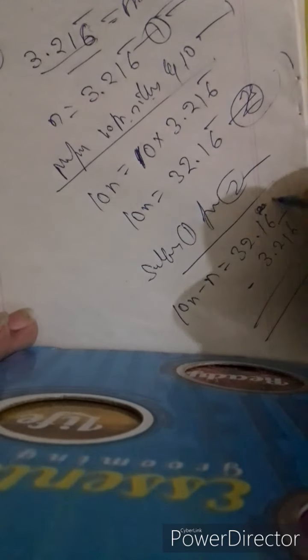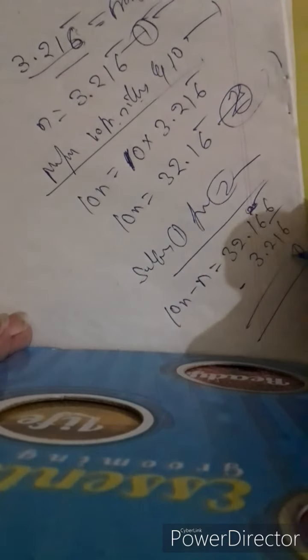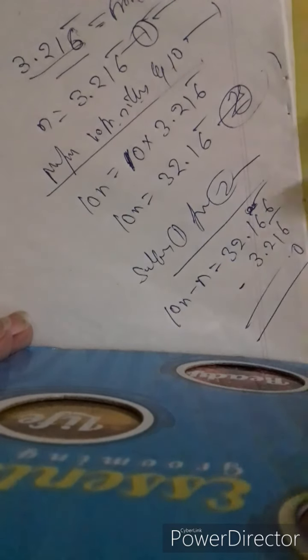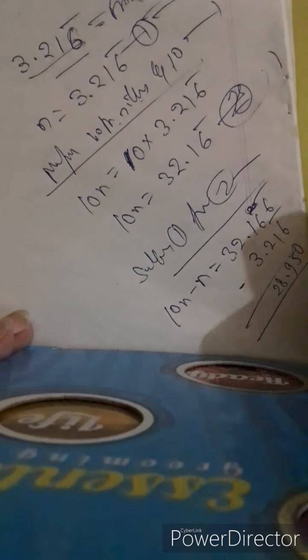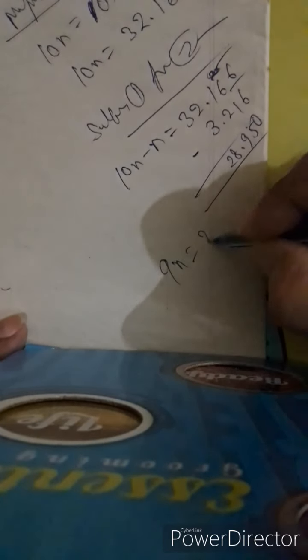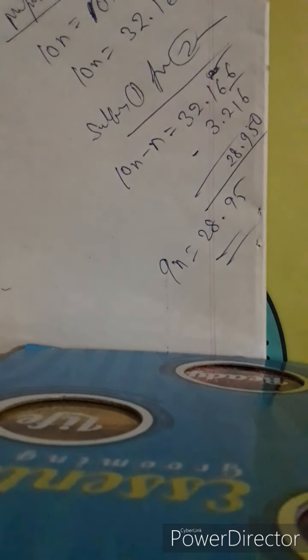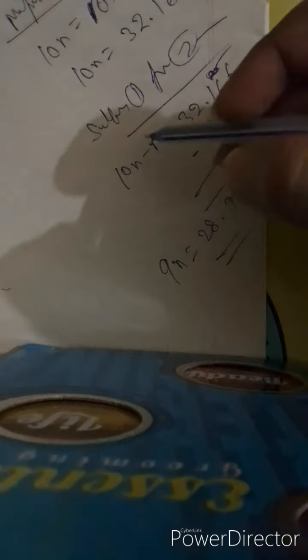Just I'll do the subtraction part here. So 10n minus n becomes 9n equals 28.95.